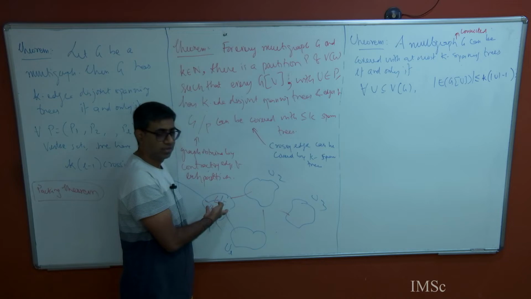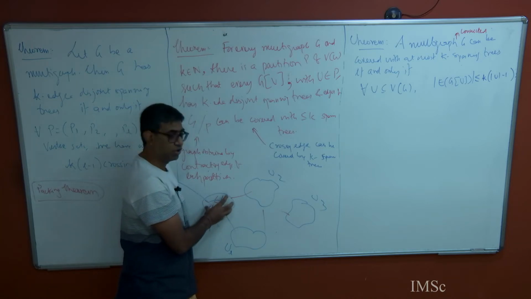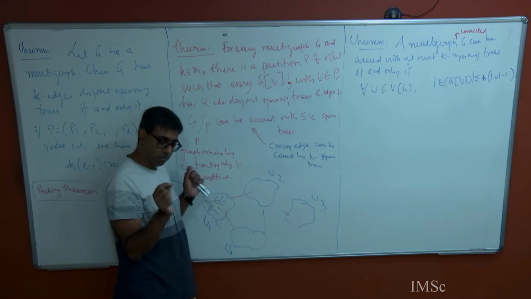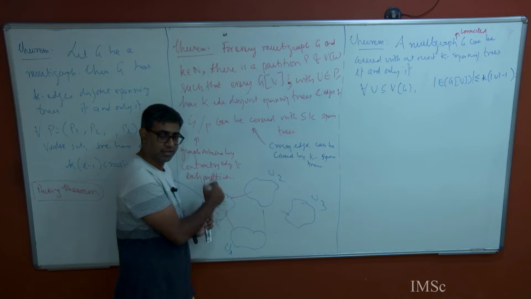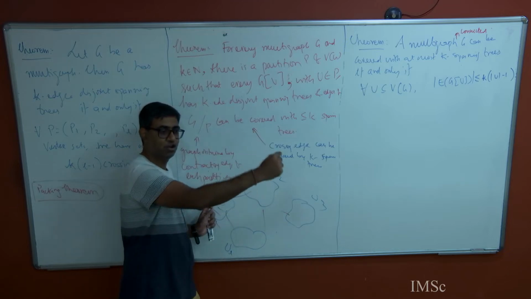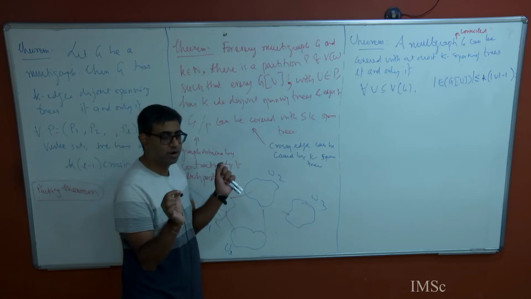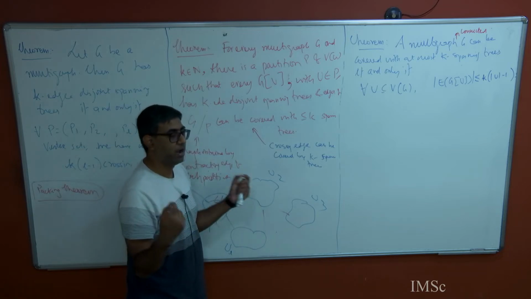I can also say they are k edge connected, because if they have k edge disjoint spanning trees, it also implies they are k edge connected. Look at any two vertices here, they have paths in each of the spanning trees, and they are edge disjoint spanning trees. So between these two vertices, how many paths are you able to support?